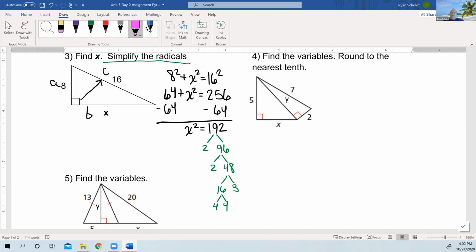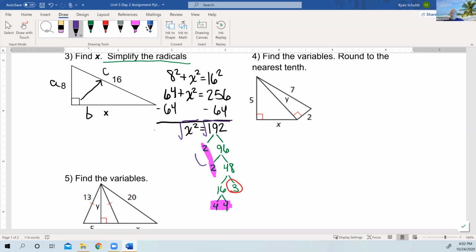Now, I want to find any pairs here. So I've got a pair of 2s, got a pair of 4s. And then do I have any singles? Yep, the 3 is a single. So remember, couples go out on a date when we take a square root, because that's really what we're doing here. We're just square rooting both sides.